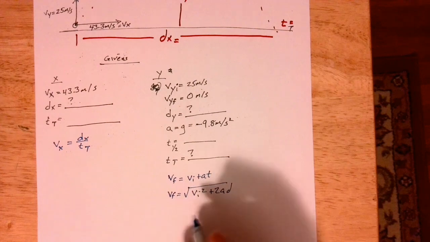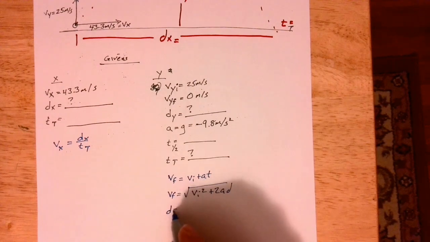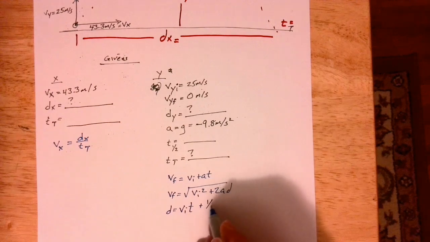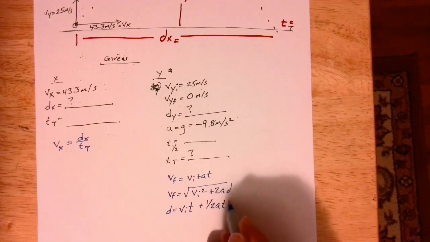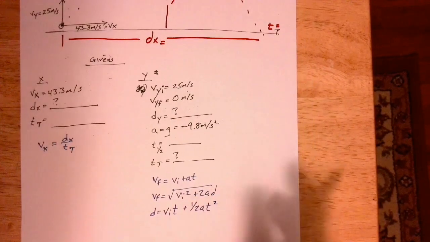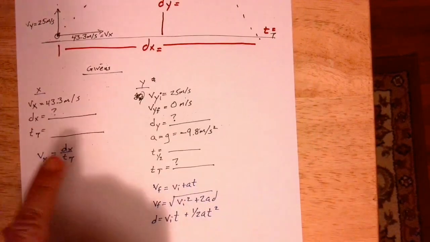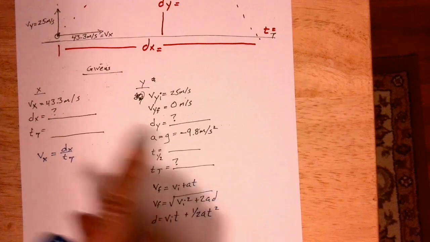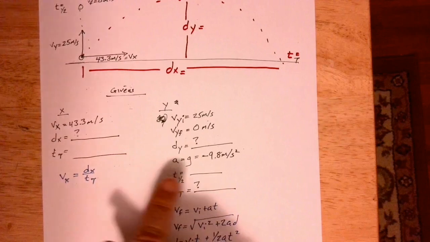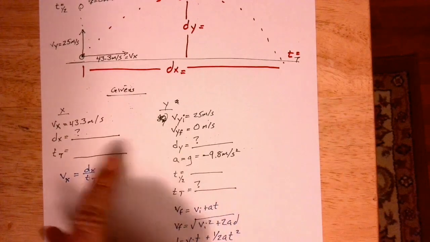And the other one is D is equal to Vit plus 1/2 At squared. So, one thing I would recommend doing is the time is going to be the same time here. So time doesn't matter, it's not a vector, it's a scalar unit, so it can be applied to either one.